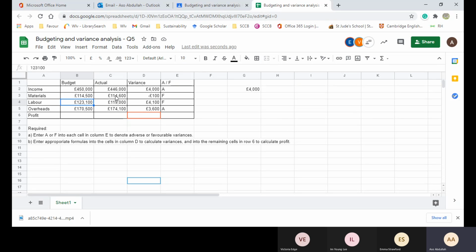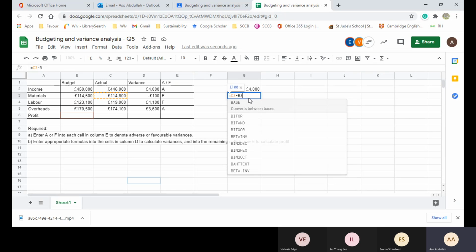So if we're looking at the material, we can see C3 is greater than B3. So in this situation, we say equal C3 minus B3.